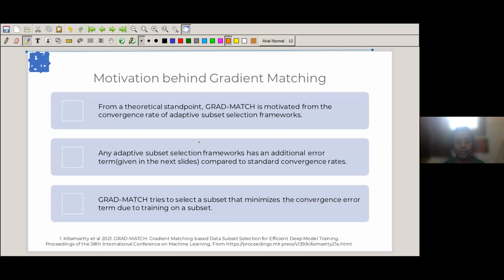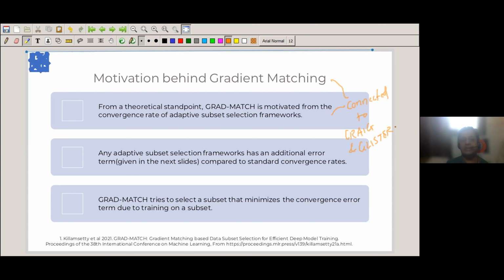We then move to another approach, which you'll find does better than even Craig and even Glister. And that's the idea of grad match. Now, grad match is in some sense connected to Craig, which we discussed earlier. That's the first approach, which is just okay, and then Glister, and you'll find that this gives you both advantages.